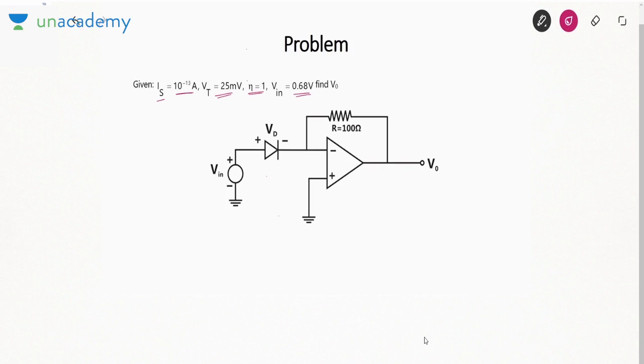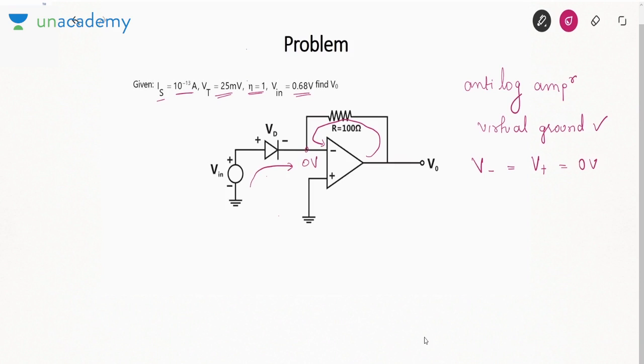What is this amplifier? This is an anti-log amplifier. I told you, due to this negative feedback, we will apply the concept of virtual ground. In that case, I will say the negative terminal voltage is the same as the positive, it is 0 volt. So I will apply KVL: Vin minus Vd equal to 0.